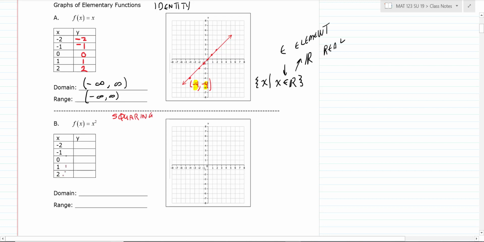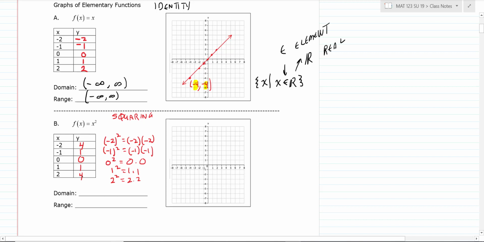So what we're doing is taking these x values that I have given you, and then we're squaring them. We've done this before. So you're doing -2 to the second, which means that you're multiplying -2 times itself, so that would give +4. And you repeat the same thing. A lot of this stuff is easy enough to do in your head. So if you do -1 to the second, that becomes +1. 0 to the second is 0, and so forth. 1 to the second is 1, and then finally 2 to the second is 4.